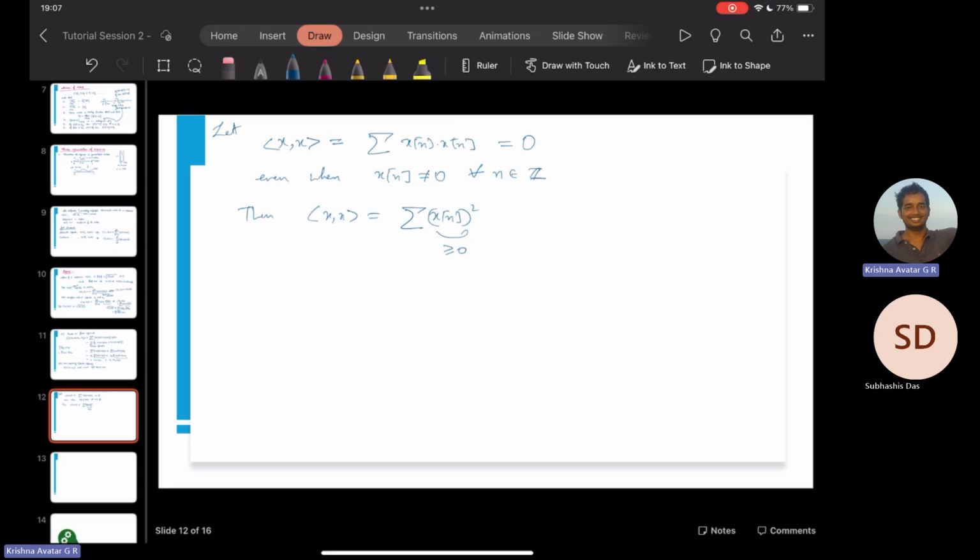But since we said that it need not be always 0, it is going to be greater than 0 for all cases when x[n] is not equal to 0. But this is giving us the sum to be greater than 0. Then when we compare both, there is a contradiction.